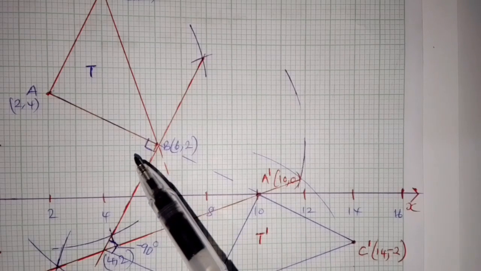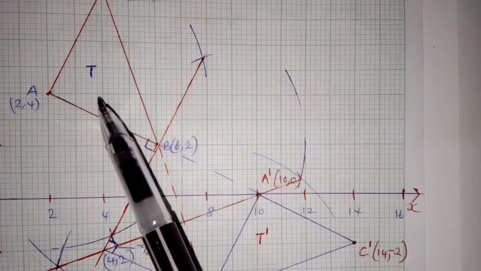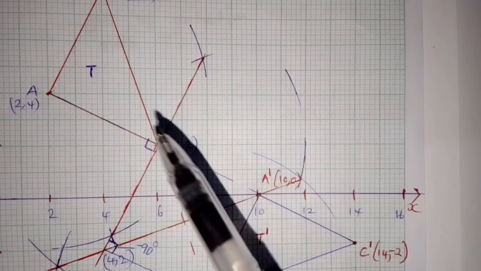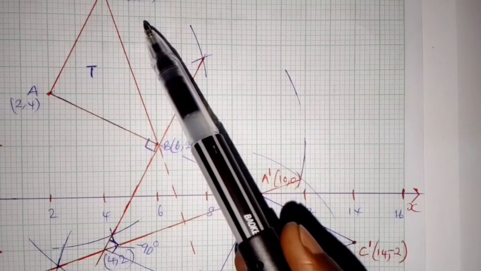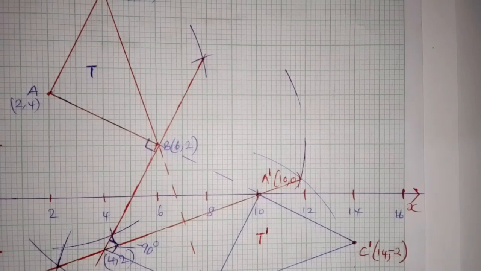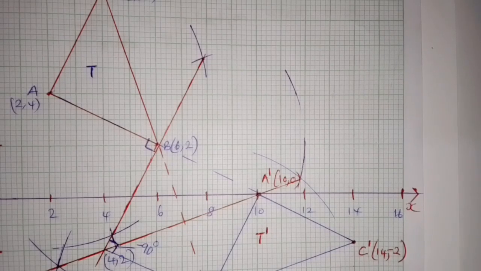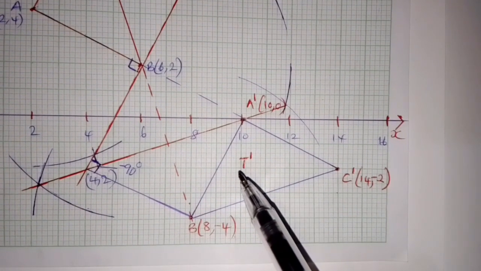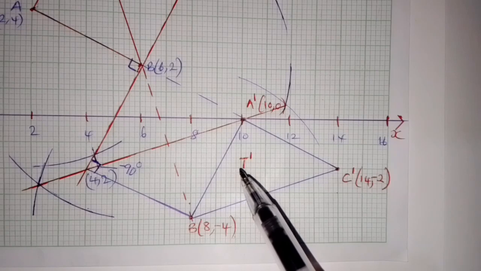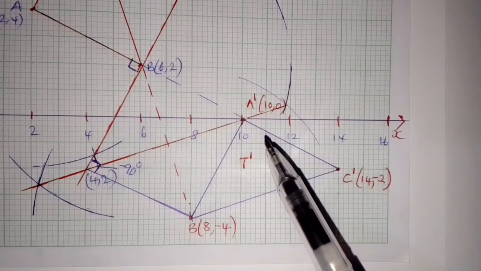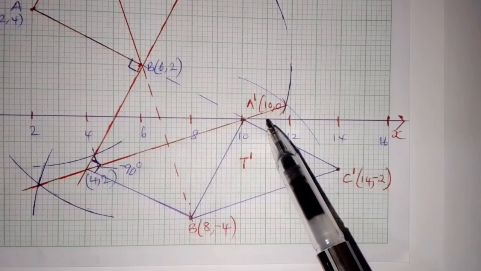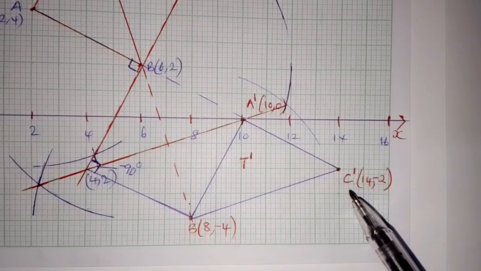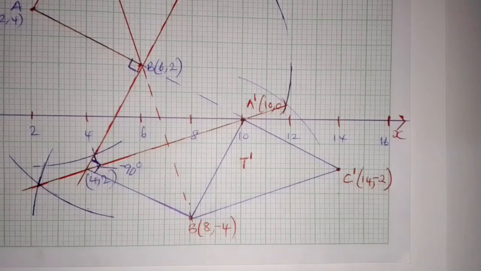The vertices of object T are A is (2, 4), B is (6, 2), C is (4, 8), and the image is T prime, and the vertices are A prime is (10, 0), B prime is (8, -4), C prime is (14, -2).